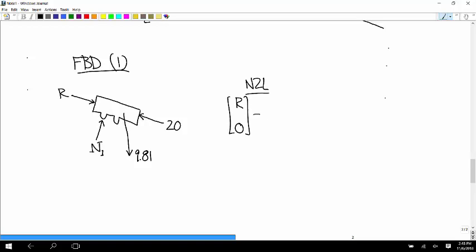The 20 is in the negative x direction, so negative 20, 0. The normal is always 0, n, and 1 in this case. And then the weight force is 9.81 times cosine and sine of 300.